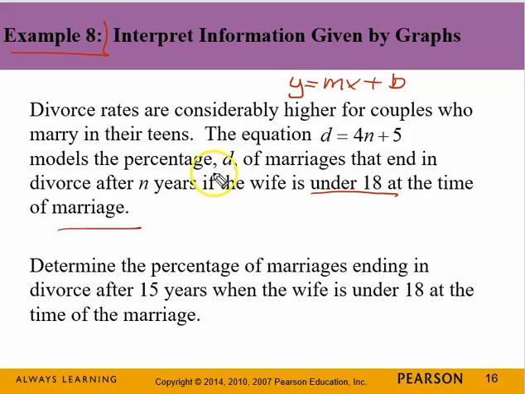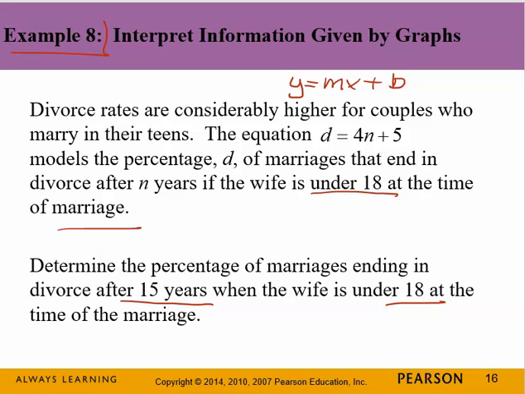I'm not sure why they picked that particular example, but this is work that they've done and they've reported it. So determine the percentage of marriages ending in divorce after 15 years when the wife is under 18 at the time of marriage. Now, this is in a sociology class, so we're not going to go into the causes of all these things.